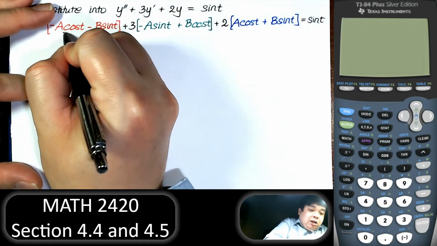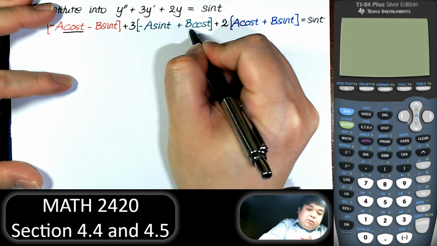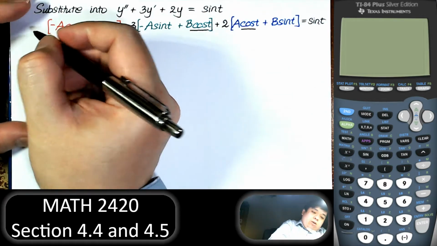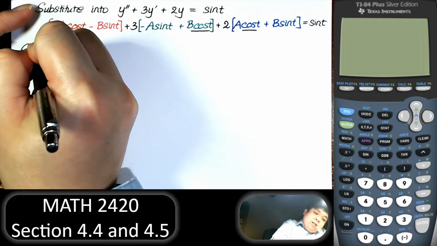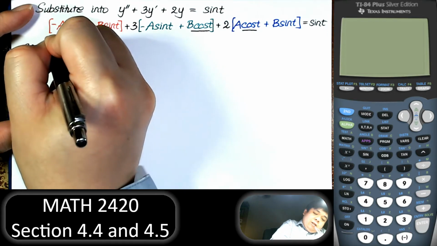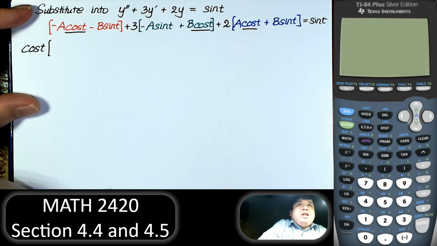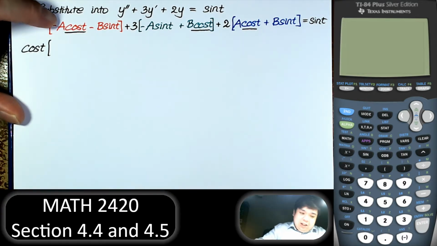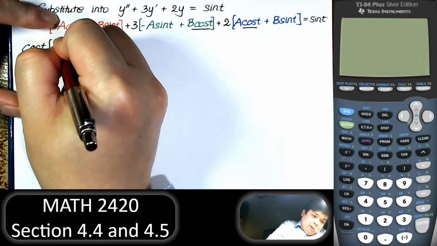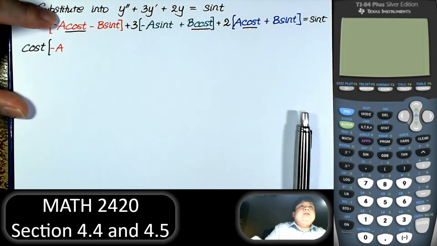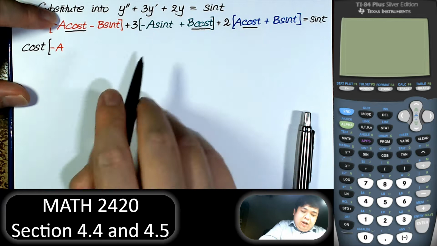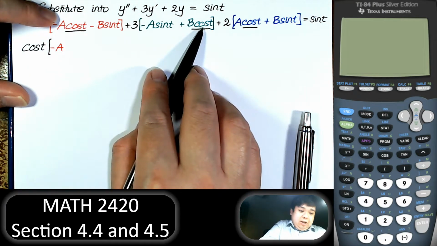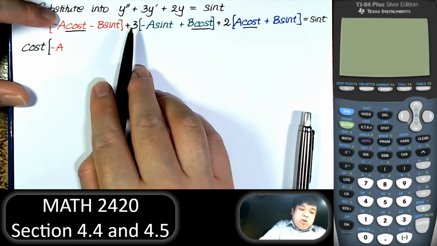Underline the cosine and factor out cosine. What's left? What will be the coefficient? First of all, it is negative a. And then there's a b with cosine of t, but because the b is multiplied by 3 as well, 3b.